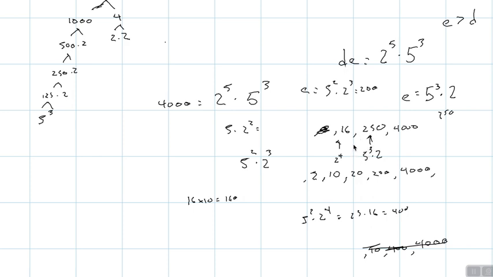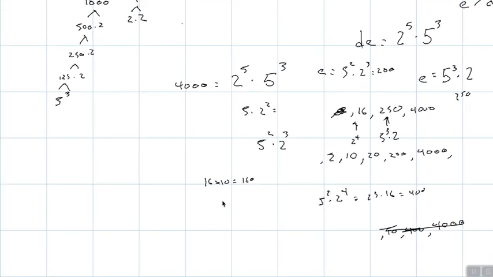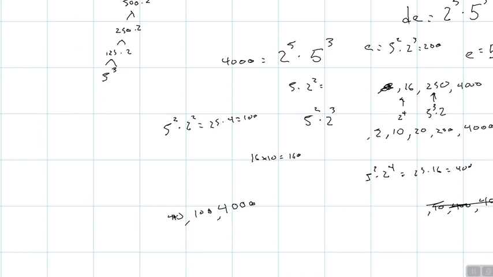I think we want more 2s in this. If we go 5 squared times 2 squared, that is 25 times 4, which is 100. So if we have 100, this could be 40, and then 40 times what is 100? That's tricky. That doesn't work.